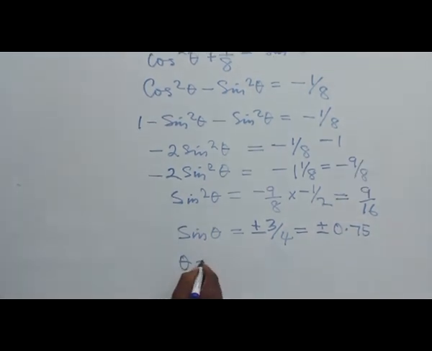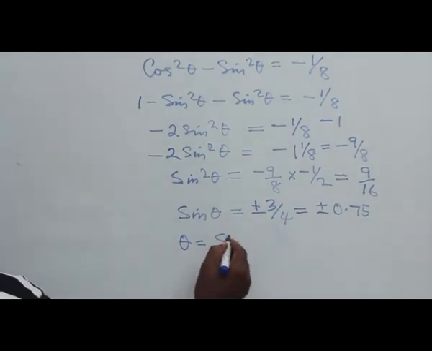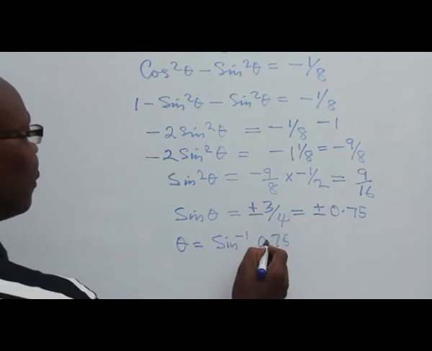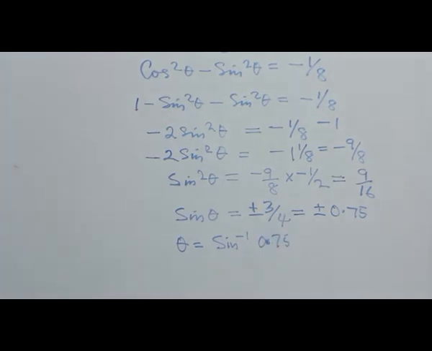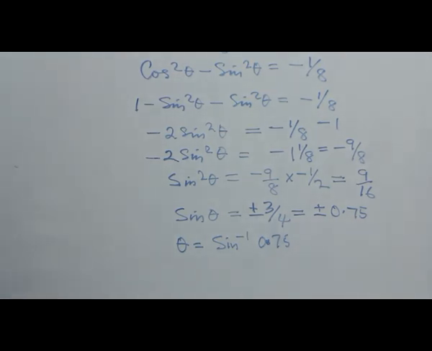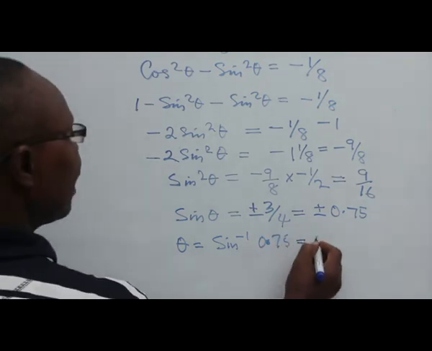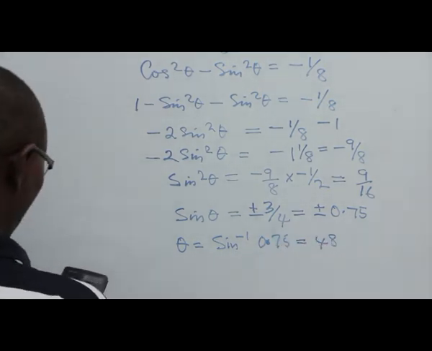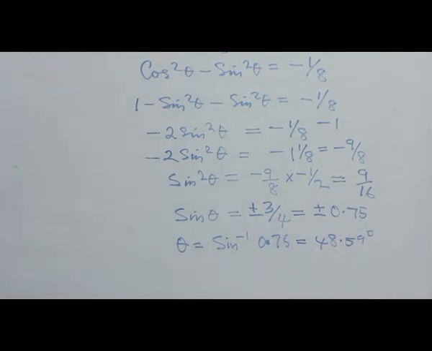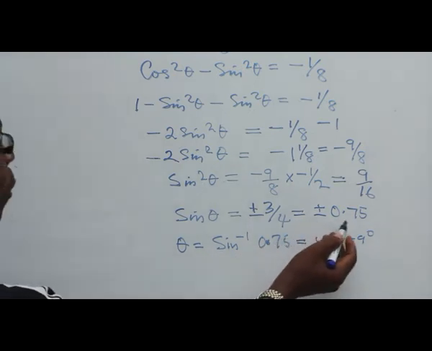Therefore, our theta will be equal to arc sin of 0.75. Let's check that. So the value will be equal to 48.59 degrees. And of course, we are told here that it is plus or minus.